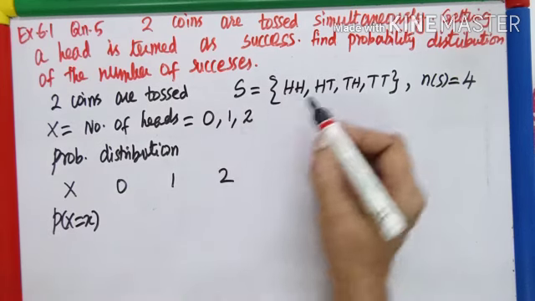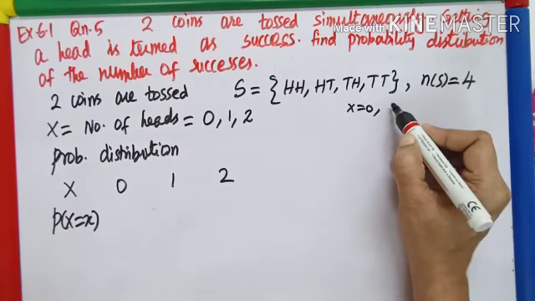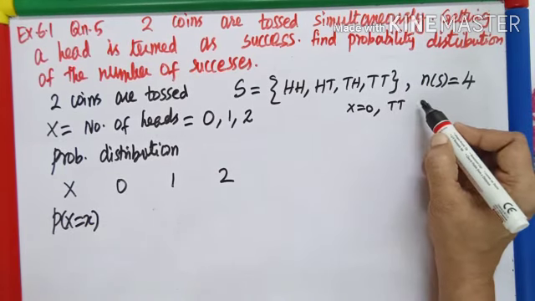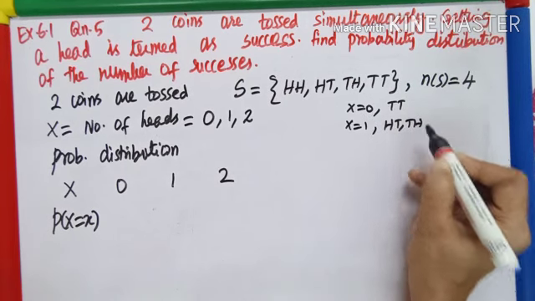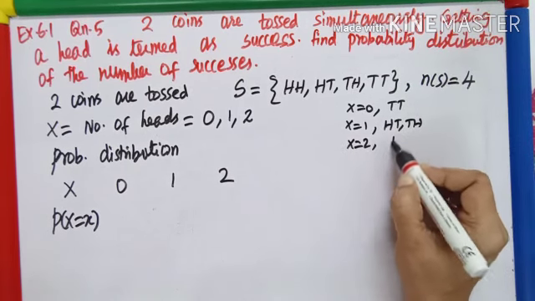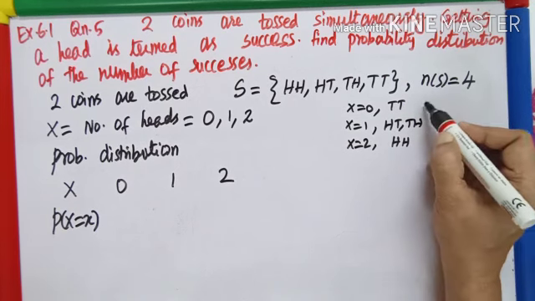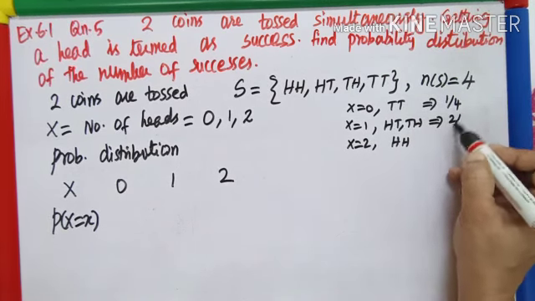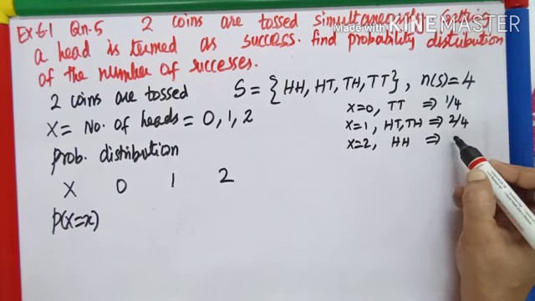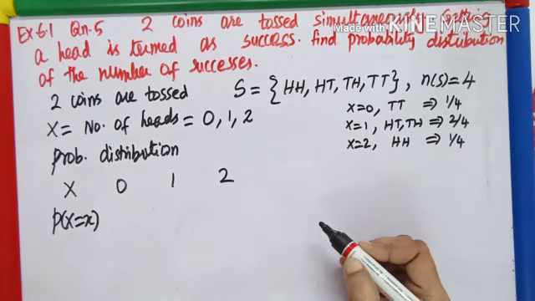When x is 0, I get only TT. When x is 1, it is HT and TH. When x is 2, it is HH. So this tells me 1 out of 4. This tells me 2 out of 4. And this tells me 1 out of 4.